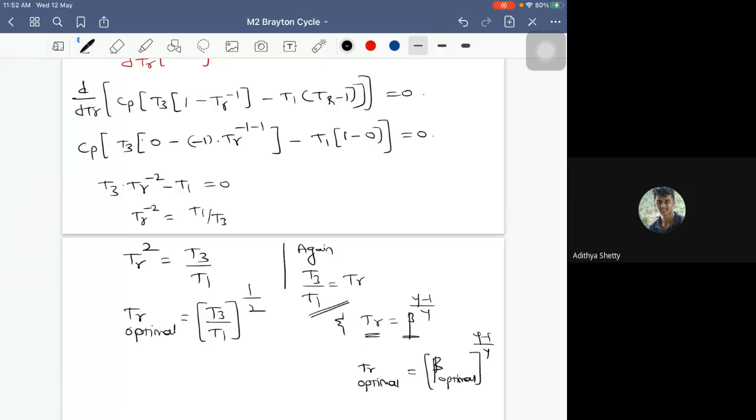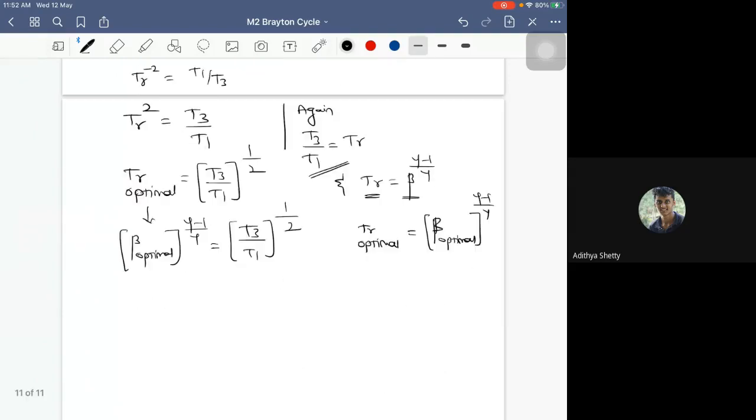Now TR optimal is what? Beta optimal into gamma minus 1 by gamma, that is equal to T3 by T1 whole to the power of 1 by 2. Okay. Now what is T3 by T1?